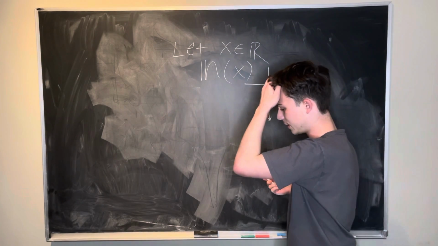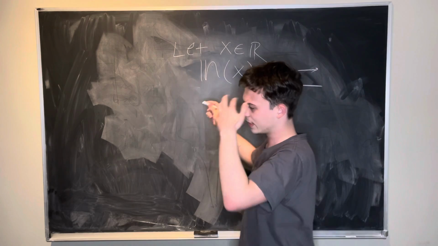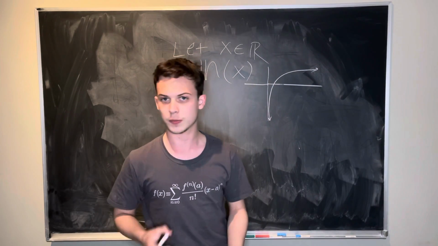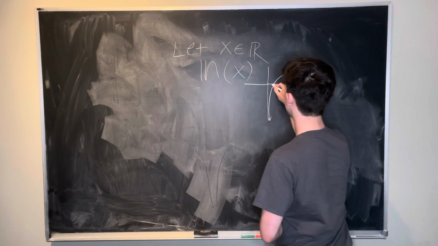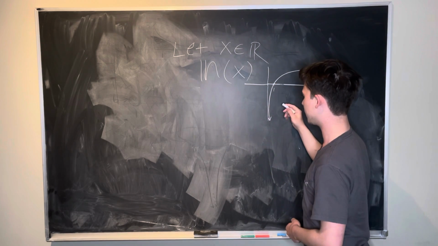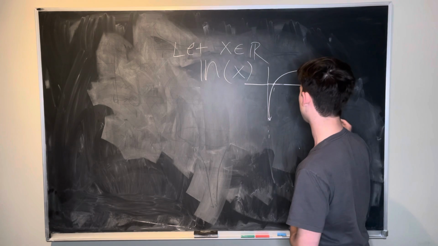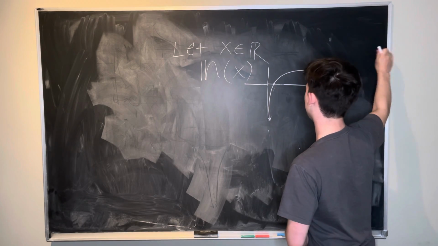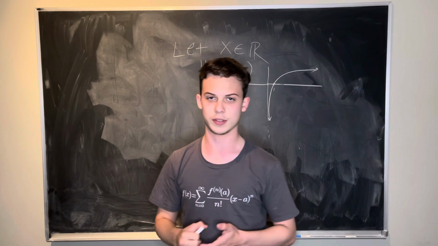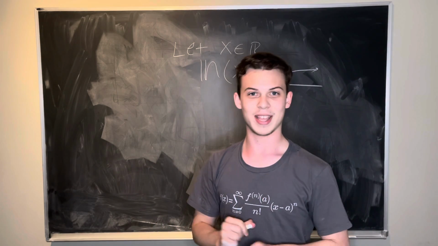It's essentially the inverse function, well, it is the inverse function of the exponential function. So it's equal to 0 at 1, but it has an asymptote at x equals 0, and it doesn't have any other asymptotes. So essentially, it's defined for all x values greater than 0 on the real line.